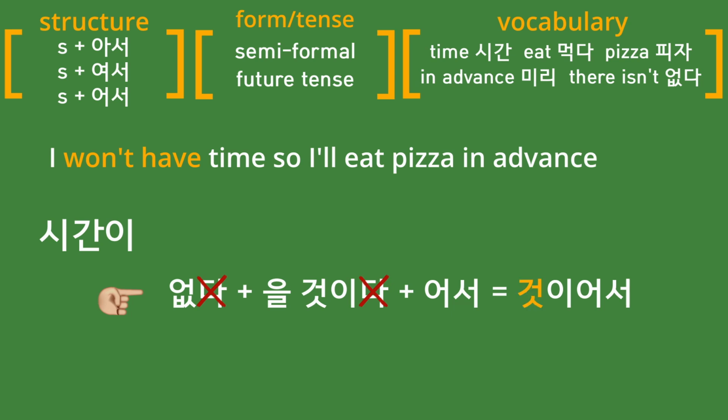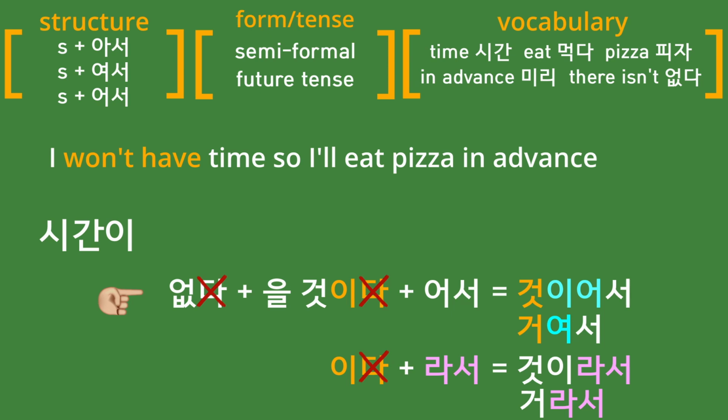You can shorten 것 into 거. In this case, 받침 disappears, so it's okay to merge 이 and 어. Then they become 여, 거여서. But when you conjugate 이다 like this, there is another connector that is used more often. Remove 다, add 라서, 이라서, 것이라서 or 거라서.